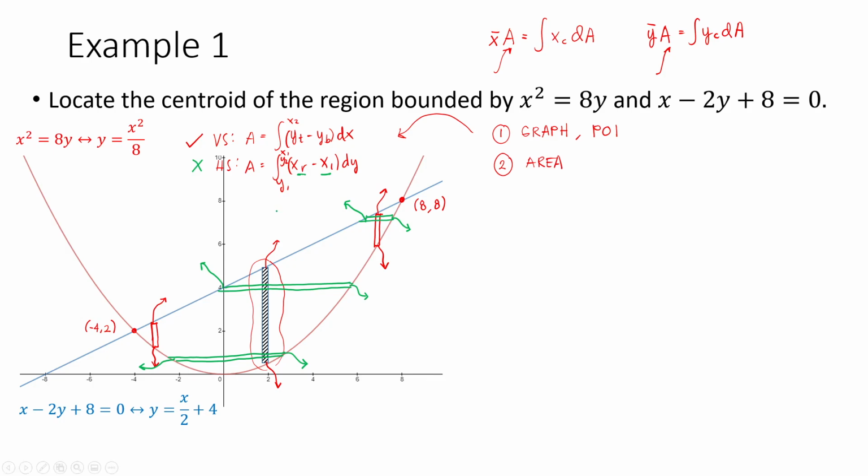The ends of your strip must be unique to each other, the right side unique from the left side, and consistent all throughout. So the right side will consistently be the red graph, and the left side the blue graph. I think you get my point on how to determine which strip you're going to use. So let me erase this part.